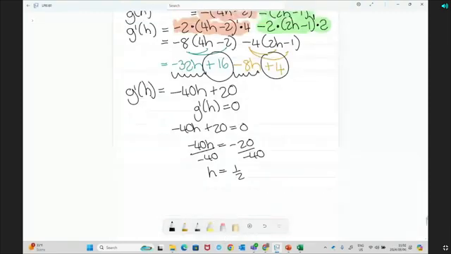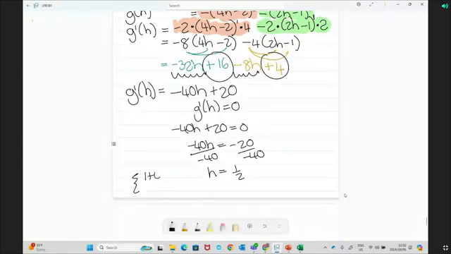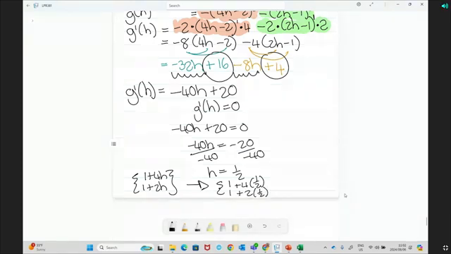So where I had 1 plus 4h and 1 plus 2h, I substitute my h in there. So it's going to be 1 plus 4 times a half. Work with fractions. You just fill in whatever we ask, but work with fractions.